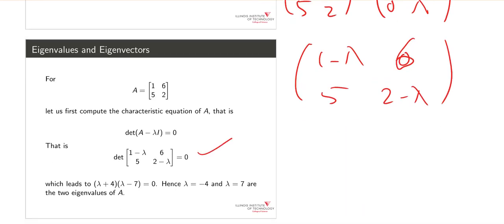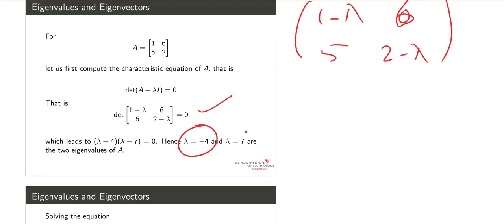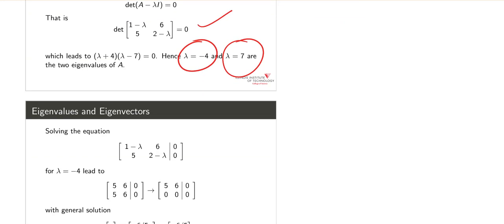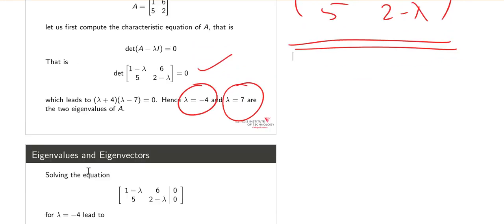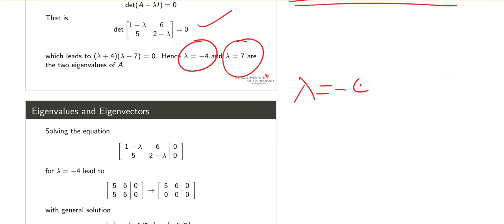You set the determinant equal to 0 and compute it. You find lambda equal to -4 and lambda equal to 7. These are known as the eigenvalues. The first step of the eigenvalue and eigenvector problem is to find the eigenvalues. So once you have the eigenvalues, in this case lambda equals -4.